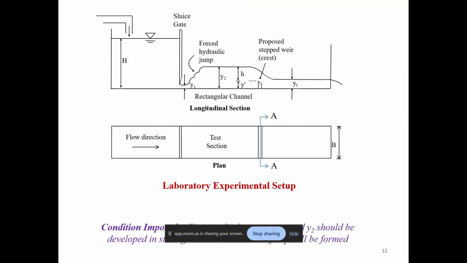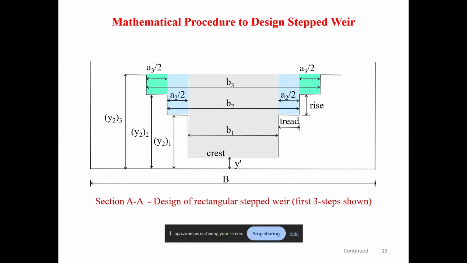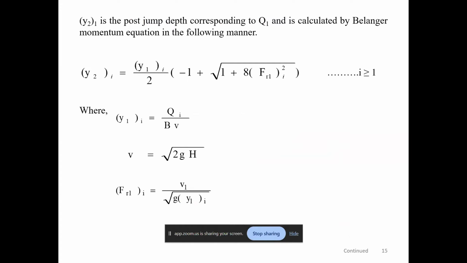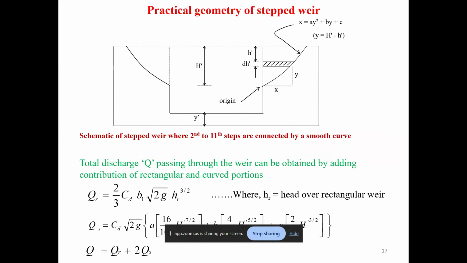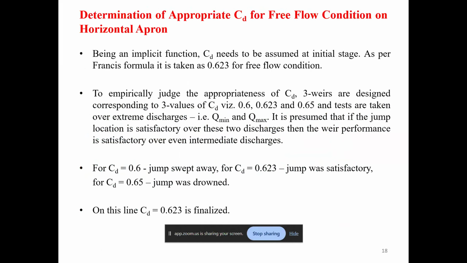Now see, this is the new design which we have proposed for the formation of clear hydraulic jump in the stilling basin. This is the mathematical model for which I will not go into the details, but let me throw some more light on the technical aspects.